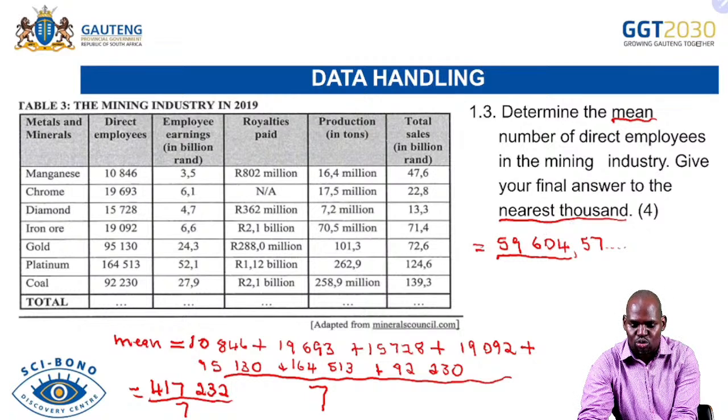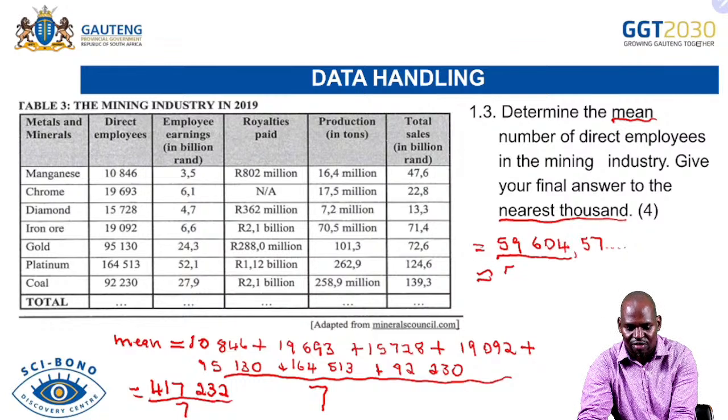But is it closer to 59,000 or closer to 60,000? It's closer to 60,000 than 59,000. So therefore the rounding is 59,000. I'm sorry, 60,000.